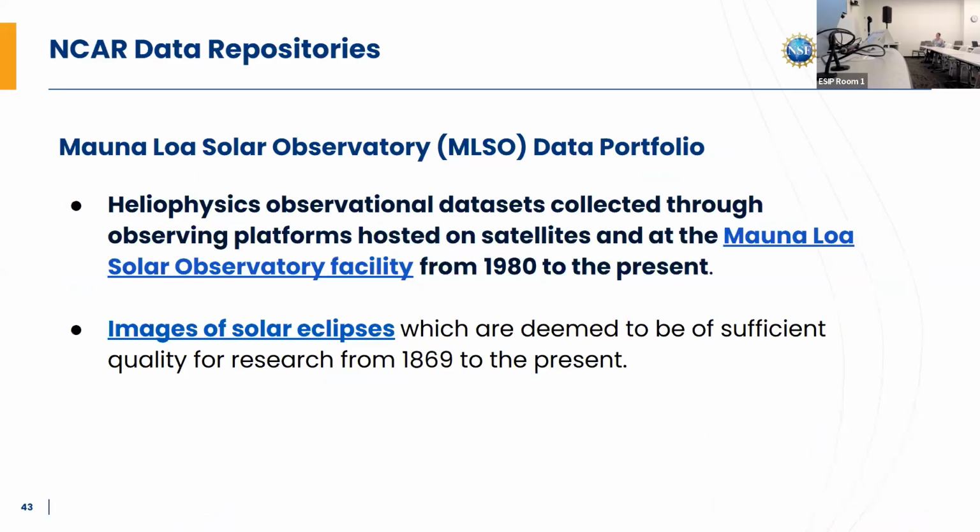So briefly, I'm just going to characterize these 3 different repositories. The Mauna Loa Solar Observatory really carries heliophysics observational data sets collected through observing platforms hosted at the Mauna Loa Solar Observatory facility from 1980 to the present.